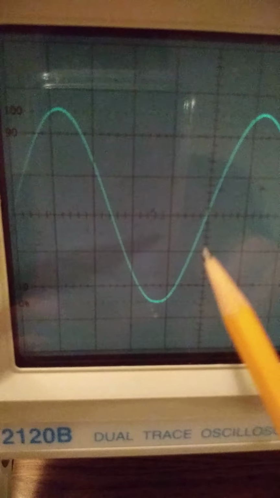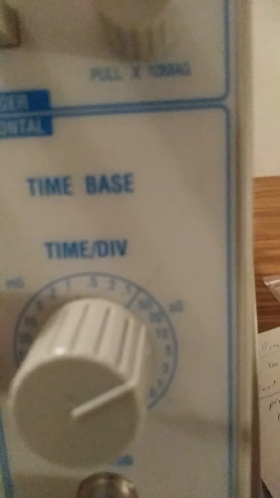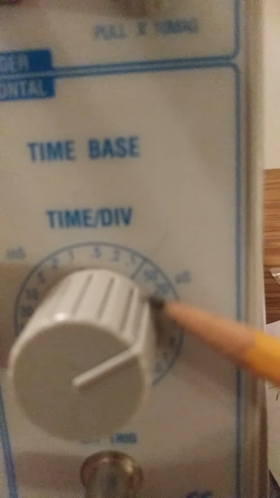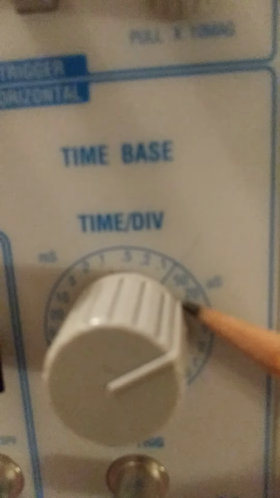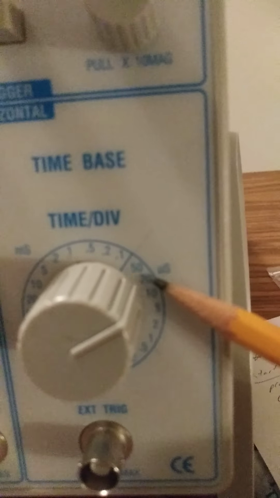Here's one complete waveform, starts and stops right here, and then it repeats itself, but I only need one. So I have 5 squares, and I need to find out what the time per square is. It looks like the time per square is 20 microseconds.